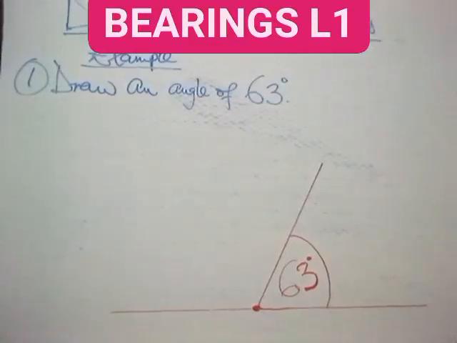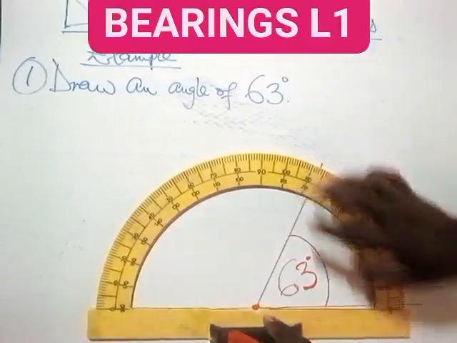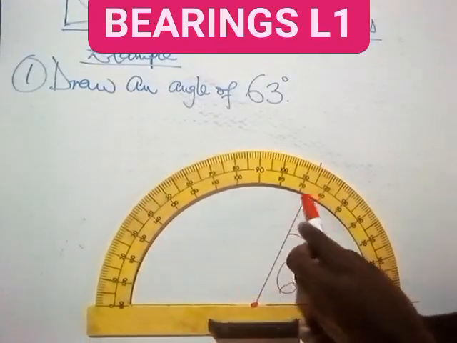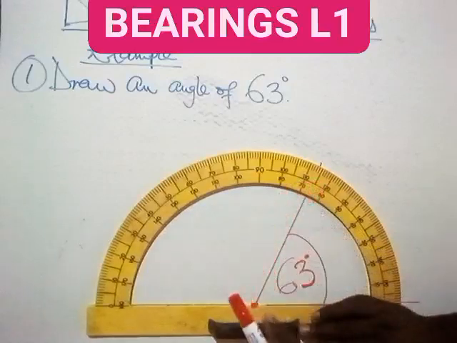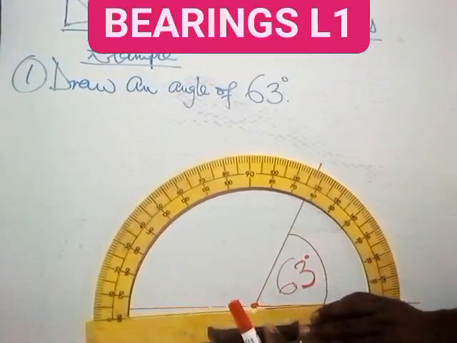So if, for example, I was to draw even more than 90, I would still put my protractor there and continue here. This is 63. I would have continued moving from 63.